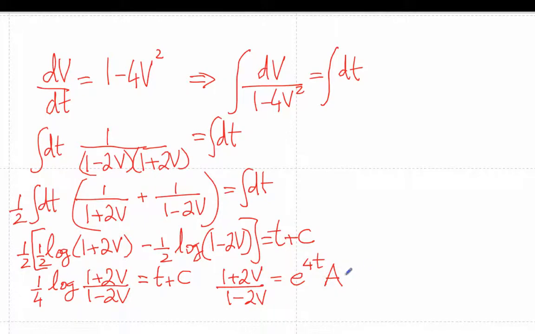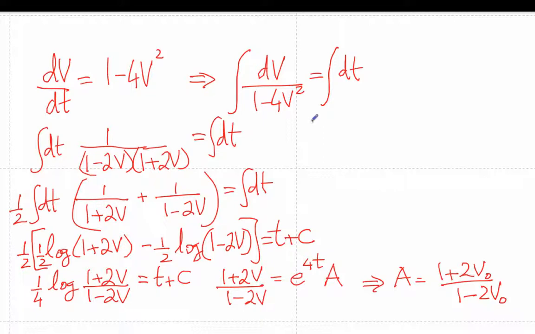And of course a is determined by the fact that when t is equal to 0, the velocity is going to be v naught. And so that tells us that a is then 1 plus 2v naught divided by 1 minus 2v naught. v naught being the initial speed, the speed at t equal to 0.